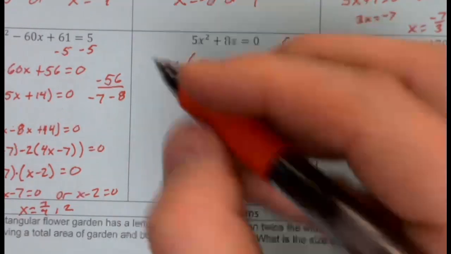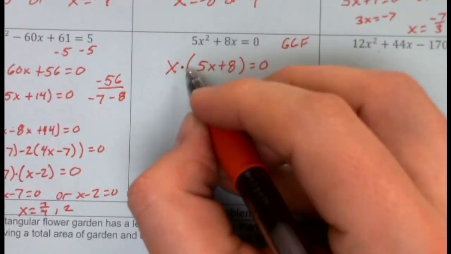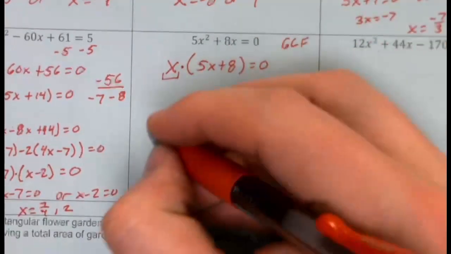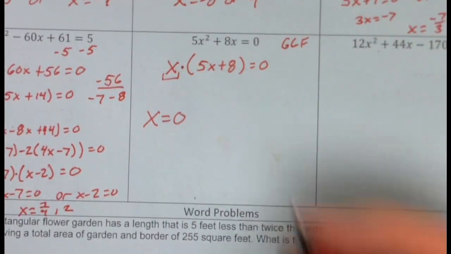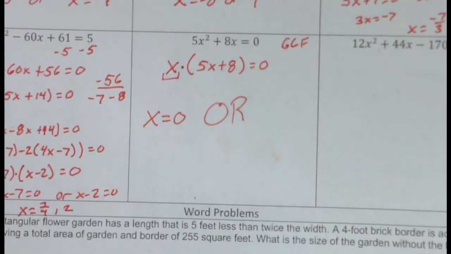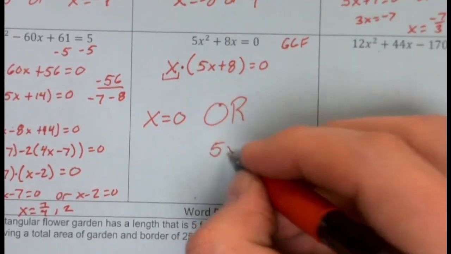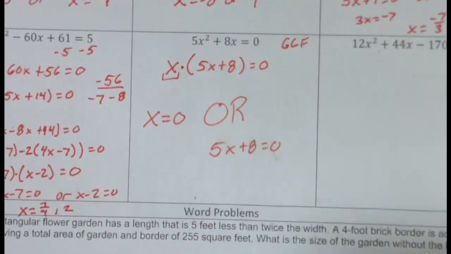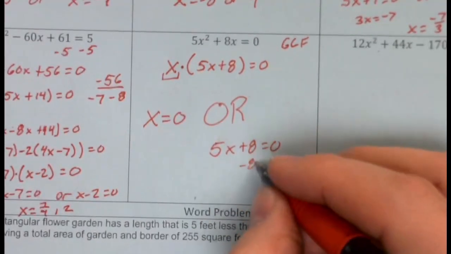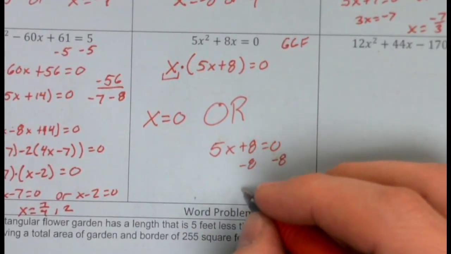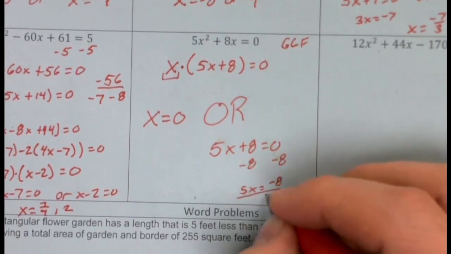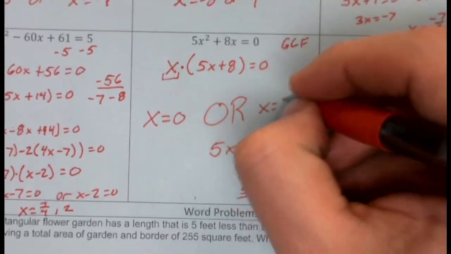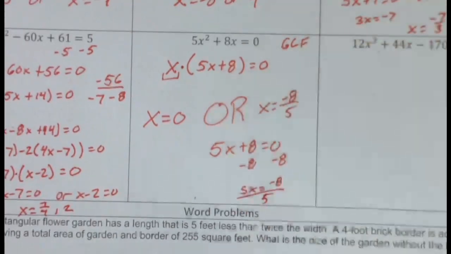Zero product property. Everything before this multiplication dot could potentially be the 0. Or everything after. We subtract that 8, divide by the 5, and that's how we get the negative 8/5.